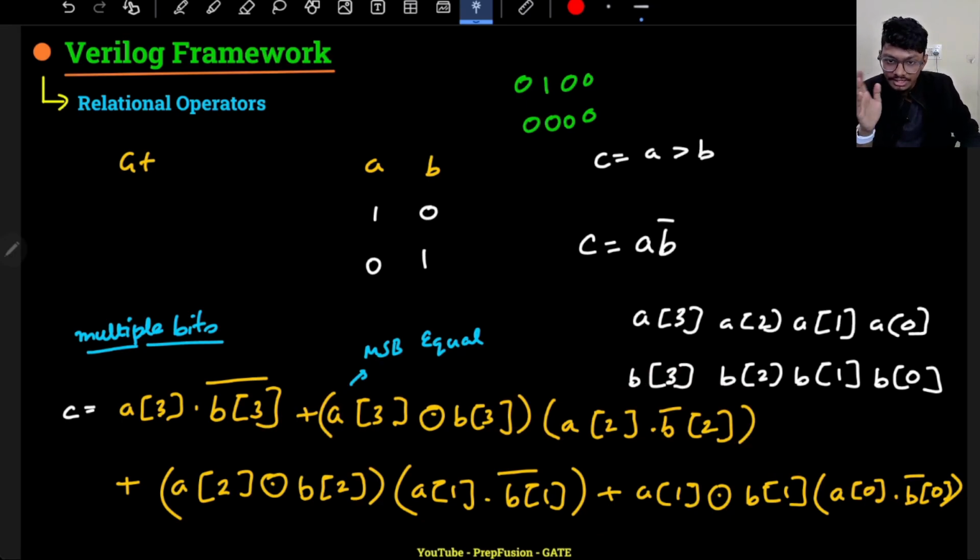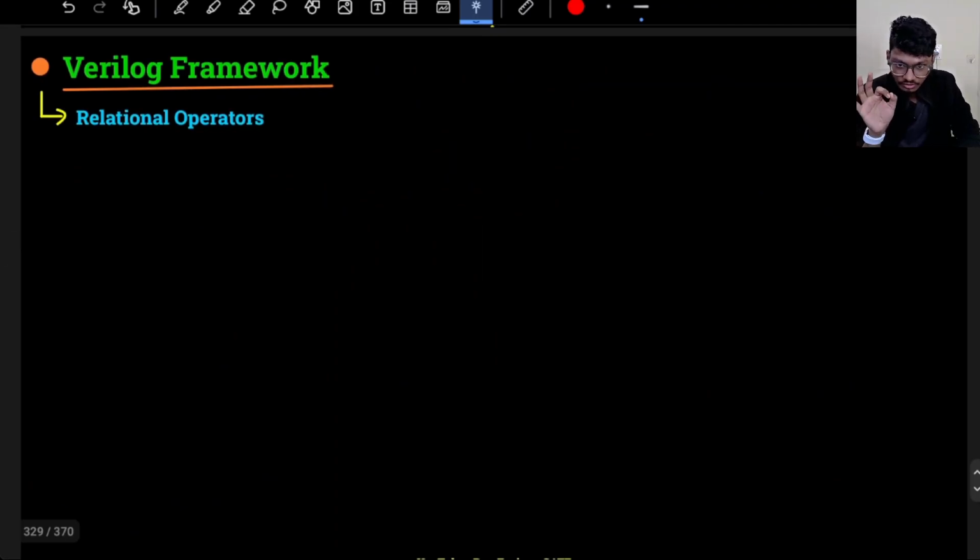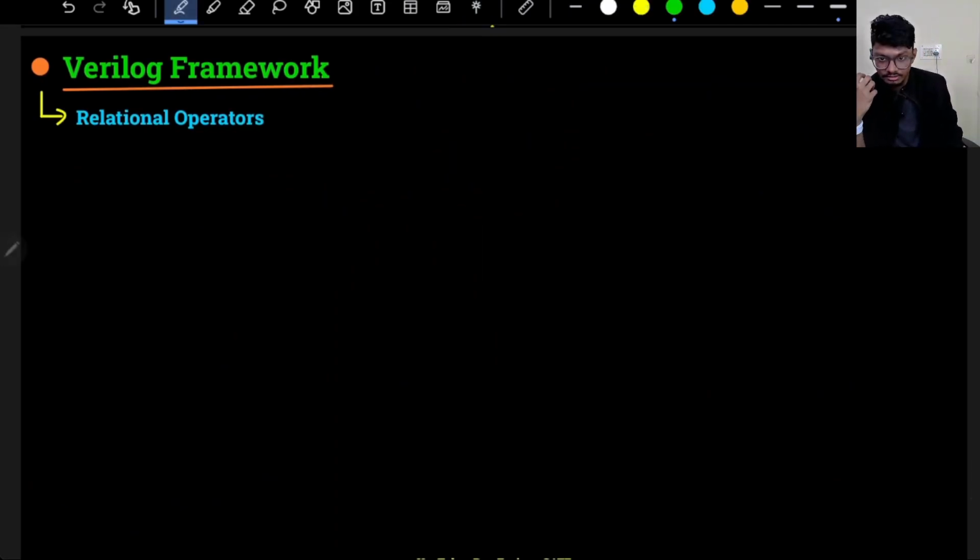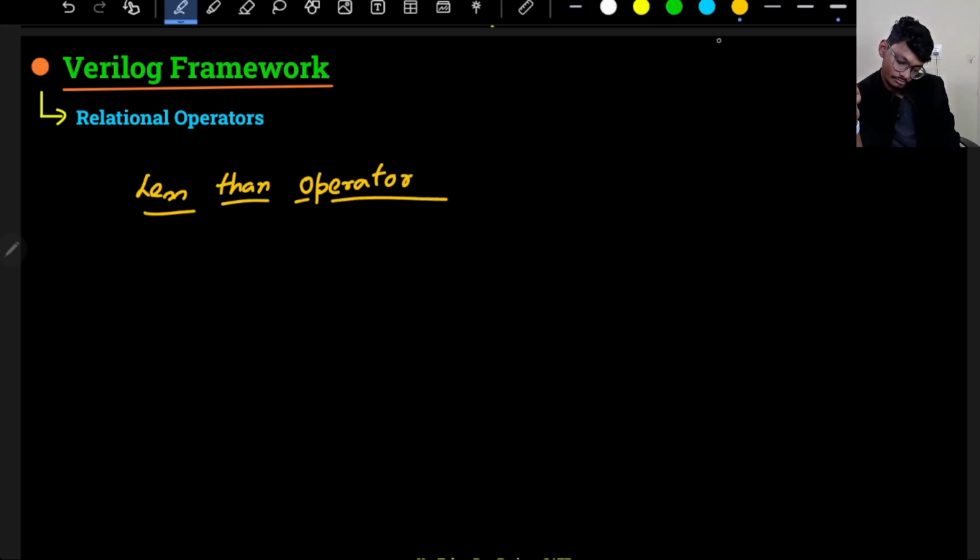Now we will code the less than operator, okay. Similar thing for less than operator, just a bit opposite. So again first let me write here less than operator. So now I will do this a bit fast. Less than operator, what do we see?